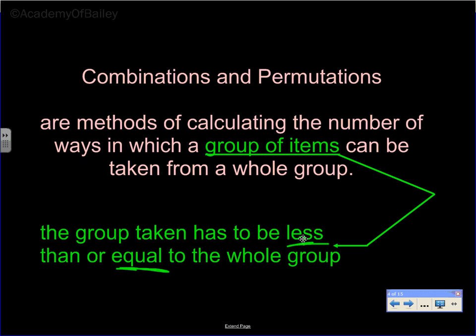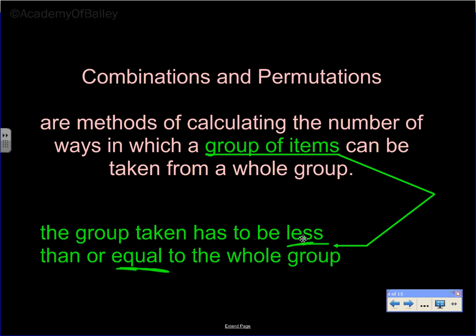Say you had a basketball team, there are 12 guys on the team, and the coach is going to choose 5 of those guys to be in the starting lineup. How many different starting lineups could the coach put on the floor? A combination and permutation is going to help you figure this out.